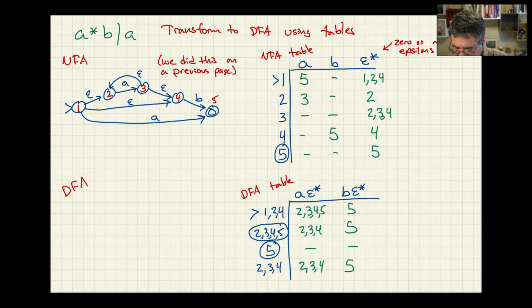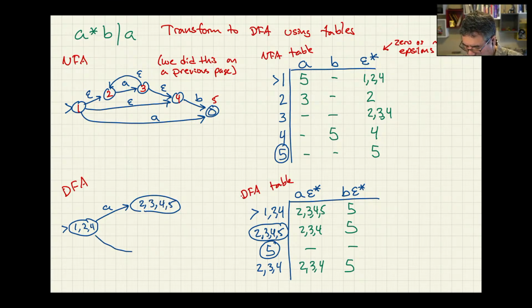And then finally, I can show you what the diagram looks like. We've got a starting state of 1, 2, 4. And then following an A, we go to 2, 3, 4, 5. And following a B, we go to 5.